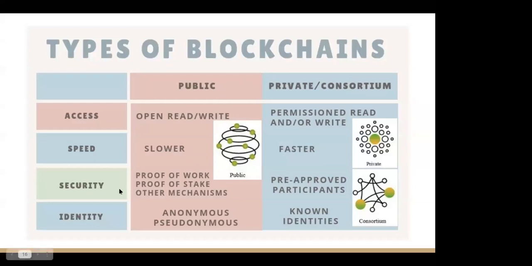And then security, again, security comes with these consensus algorithms. In a private blockchain, it's up to a few nodes, they can decide how to secure the network, and they can restrict people from doing transactions. That's how they are adding security to this private chain.